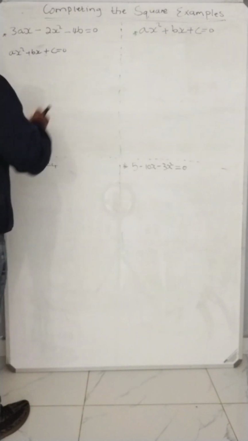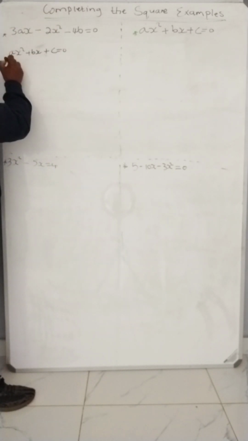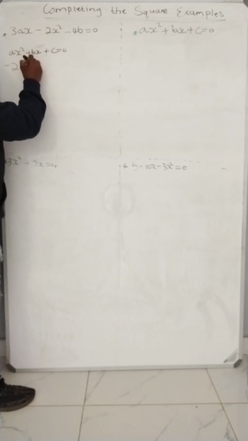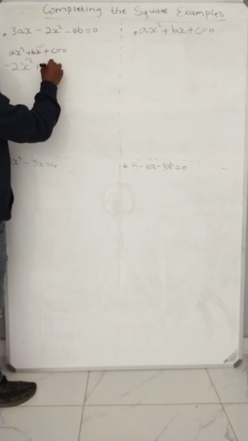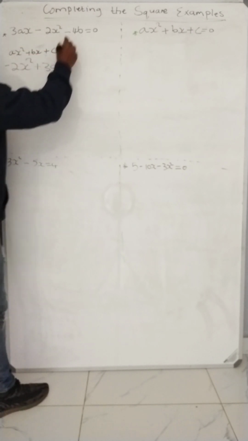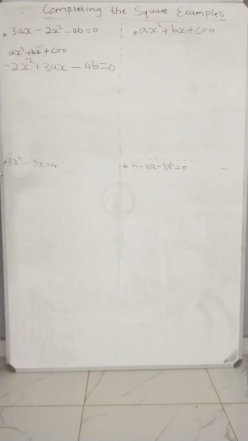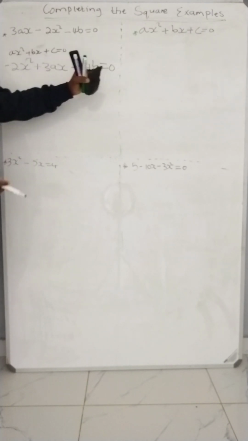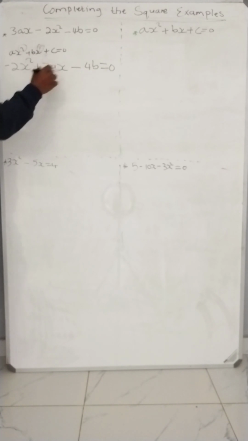By that I mean we're going to have a minus 2x squared first, and then we're going to have positive 3ax, and then we're going to have minus 4b is equals to 0. That is your highest exponent, the term with the highest exponent first, followed by the rest in descending order like that, just like here as well.